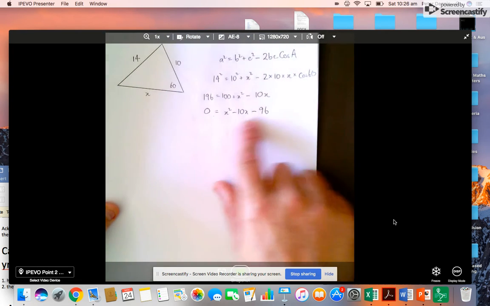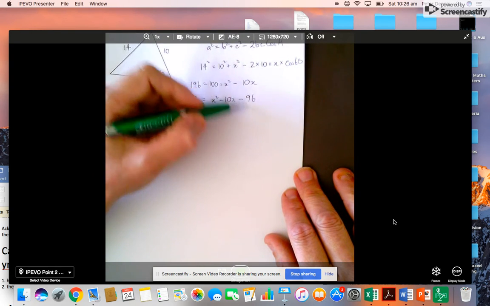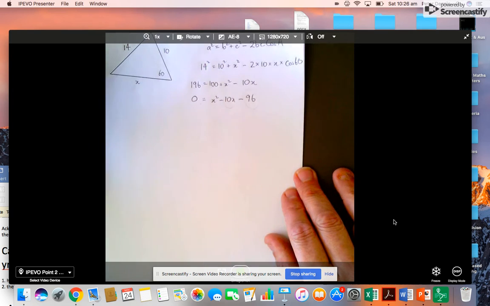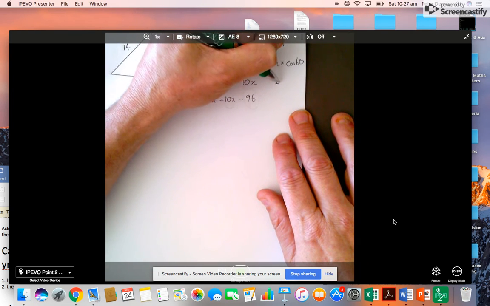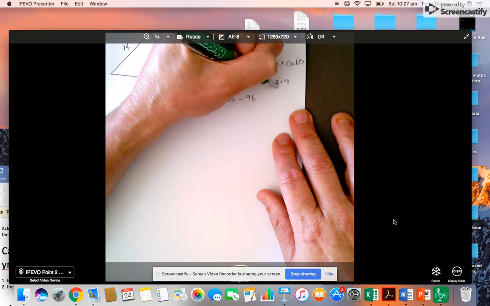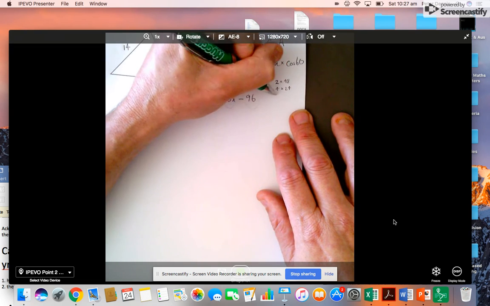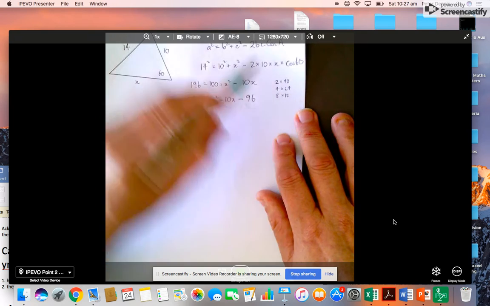Now, solving that's quite difficult. Now, I've already done it. We're looking for numbers that times together to give 96 and add together to give 10. The way I sometimes look at it, I always start with the product. 2 times 48, 4 times 24, 8 times 12. I'm getting closer to 10, but 8 times 12 doesn't cut it.